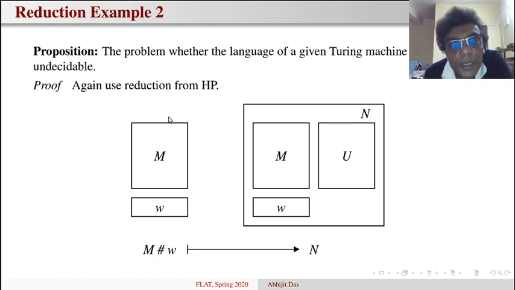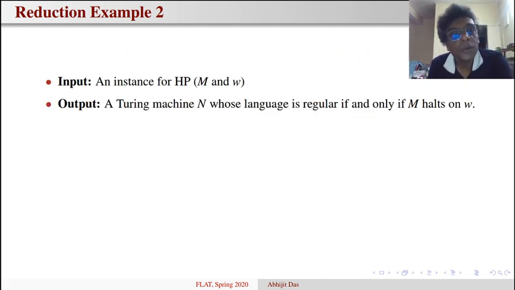So the reduction algorithm will take an input which is an instance of the halting problem, that is, M and W. It converts that to the description of a language, and since M and W are input, the reduction algorithm embeds the information on M and W within the finite control of N. In addition, it embeds some other information which is marked here as U. In the earlier reduction, this U was not present, but now I am going to use this U. So the input for this reduction is an instance of the halting problem, M and W. A Turing machine N is the output whose language is regular if and only if M halts on W.